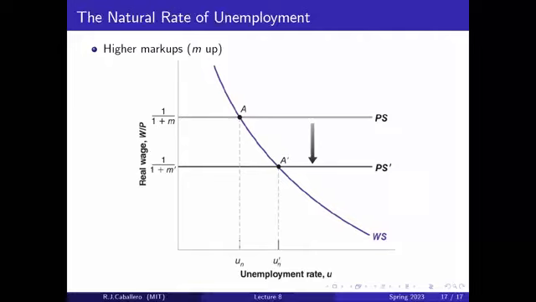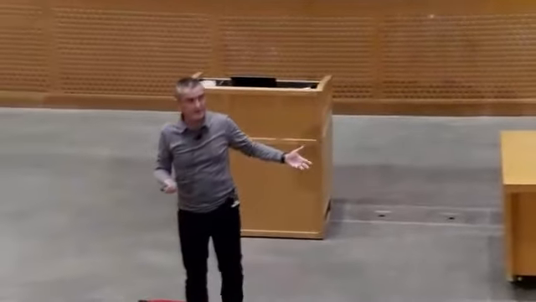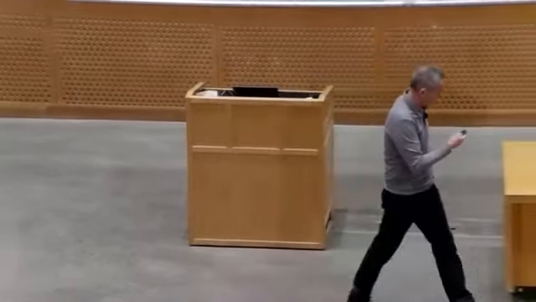And the only thing that can clear the market in this case, in the medium run, is for the natural rate of unemployment to rise. So here we got two experiments where we move some parameter, one the bargaining power of workers, in the other one the markup of the firms, and both increase the natural rate of unemployment. Good.